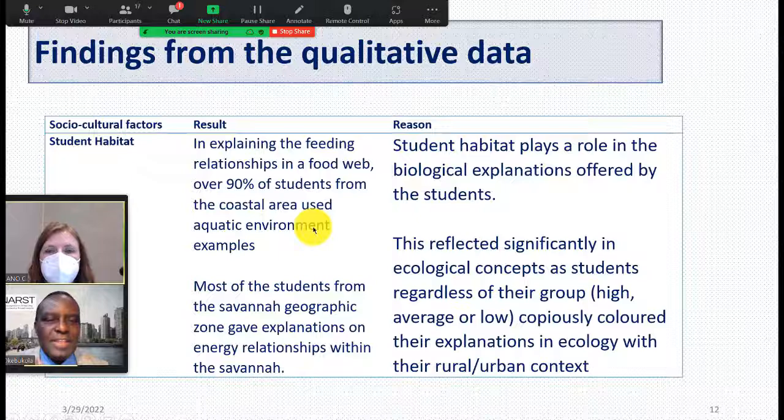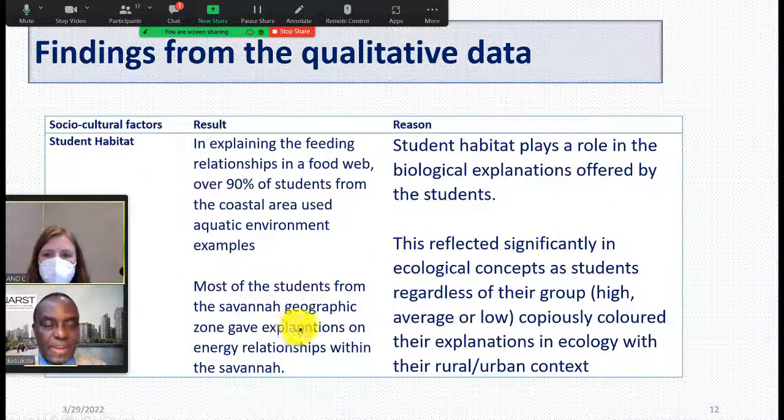Now, the students whose habitat was the coastal area, I used aquatic examples for the food web. And so it colored the explanation. It colored the examples that they were able to give, where the student comes from. Student habitat plays a role in the biological explanations offered by the students.